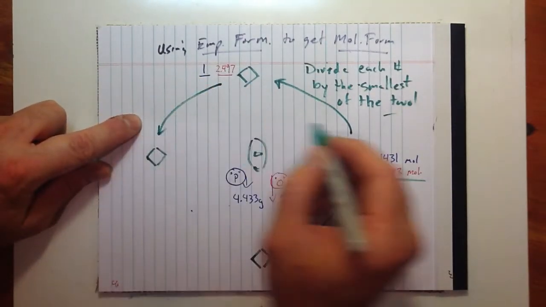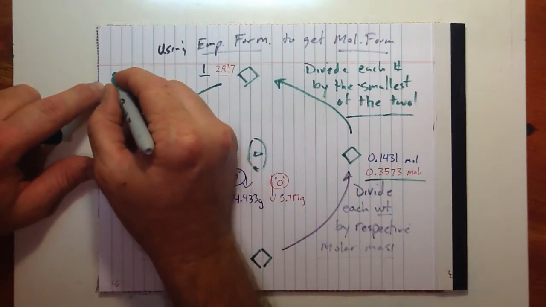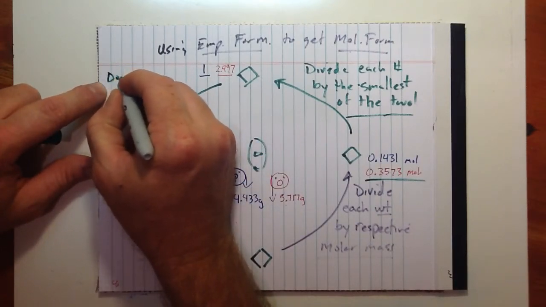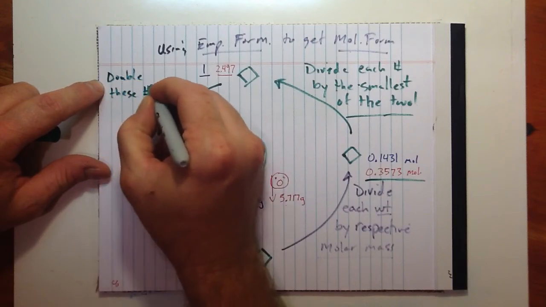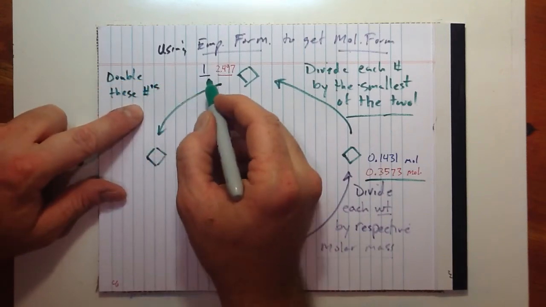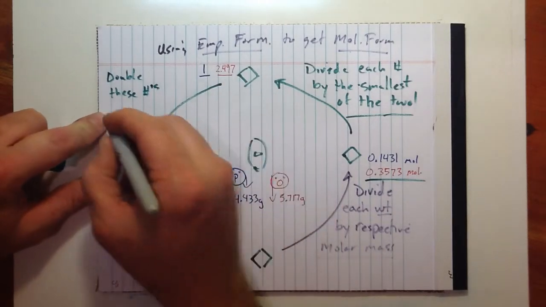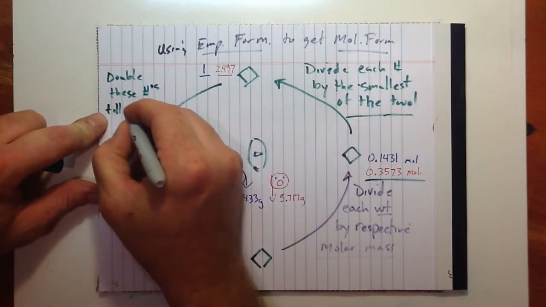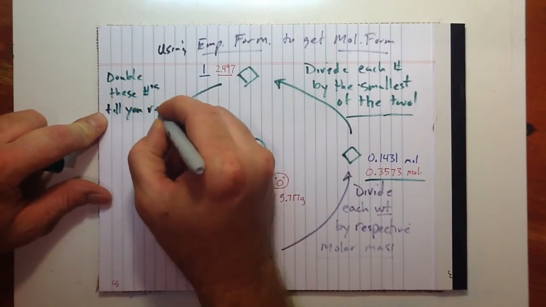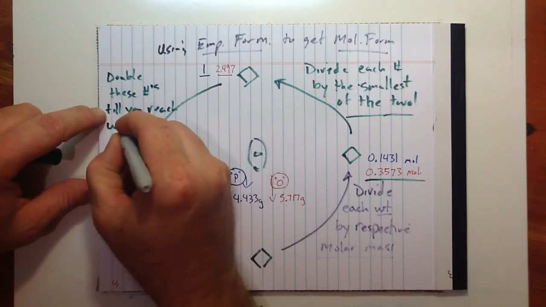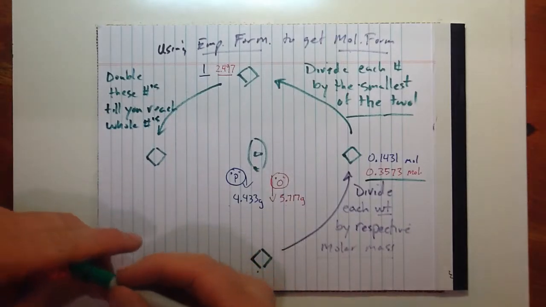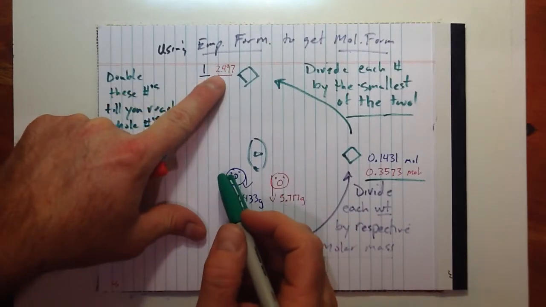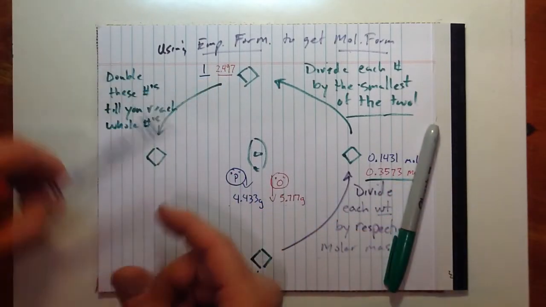Going to third base, here's our third rule. Double these numbers. And you say, well, what do you mean these numbers? These here that we're starting from for second base. Double them until you reach whole numbers. Say it again, you're going to double these until you reach whole numbers.